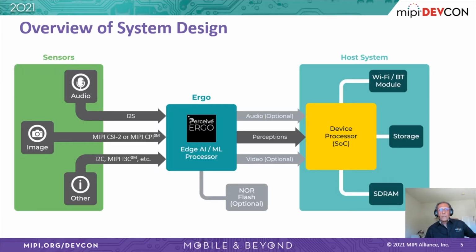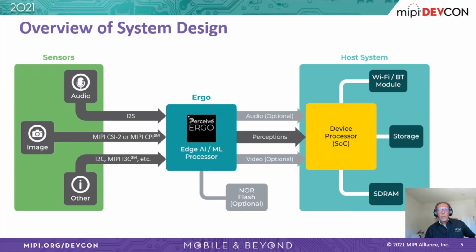In this slide, we show how the Ergo can be integrated into a system for a typical AI application. The processor takes data from various sensors. On the left-hand side, you can see audio inputs via I2S, video input through MIPI CSI and CPI, and other information using I2C and I3C.